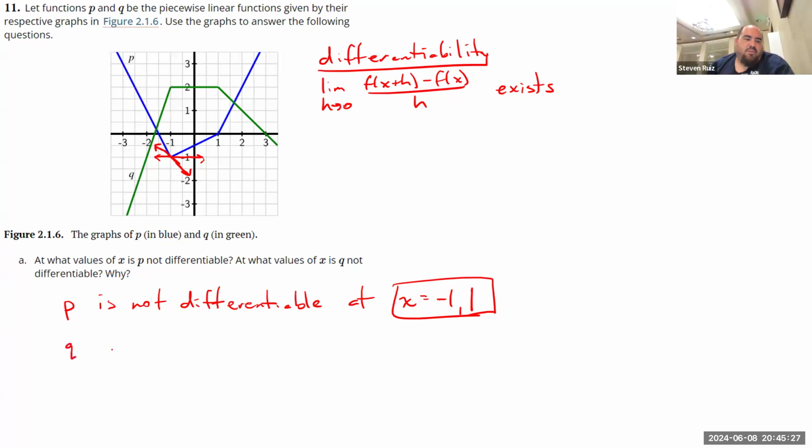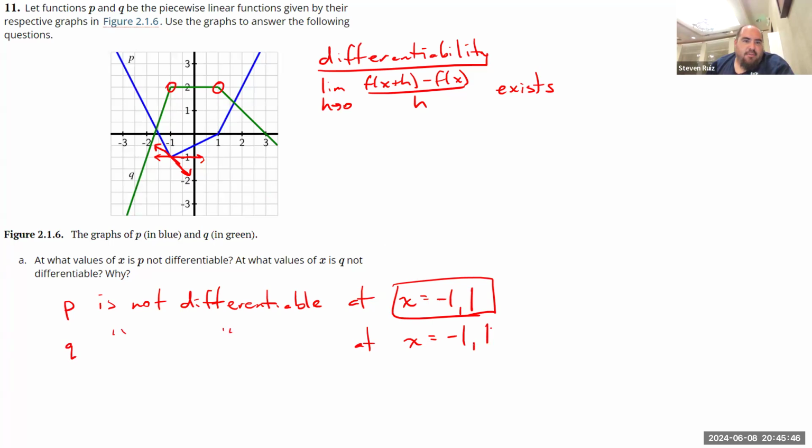So where is that true for Q? Q is not differentiable at x equals, looks like also -1 and also 1.